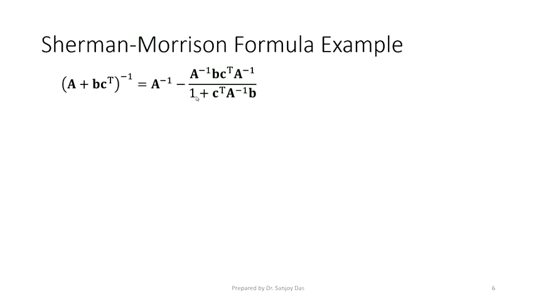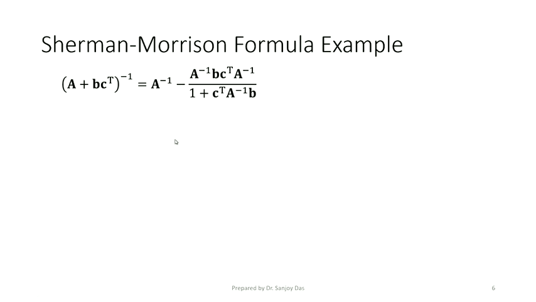Why do I have 1 plus this in the denominator? Because it's a scalar. Both sides are matrices. The numerator of this term is a matrix, but it's divided by a scalar. You cannot divide a scalar or vector or a matrix by a vector or a matrix.